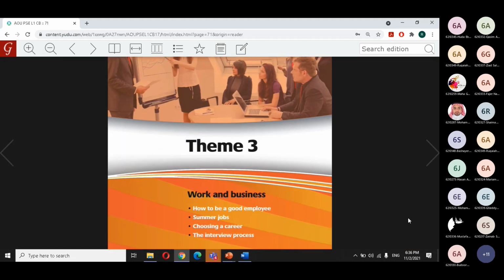We have finished theme 1 and theme 2. As you remember, theme 1 was about education. All the vocabulary and everything in unit 1 and theme 1 was about education. And the writing was a personal statement. And then we moved to theme 2.